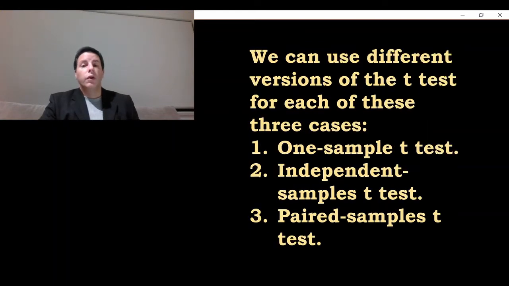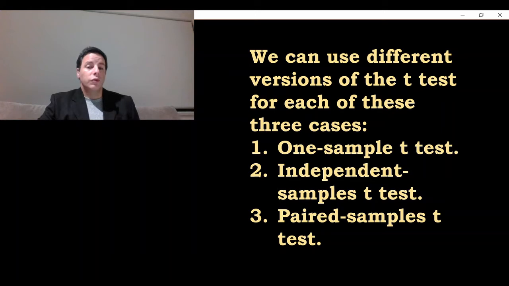And the beauty of that is that we can use different versions of the t-test for each of these 3 cases. For the first case, we can use a one sample t-test. We haven't seen this in the masterclasses, we saw a more rudimentary way of doing the comparison of one sample versus the population.